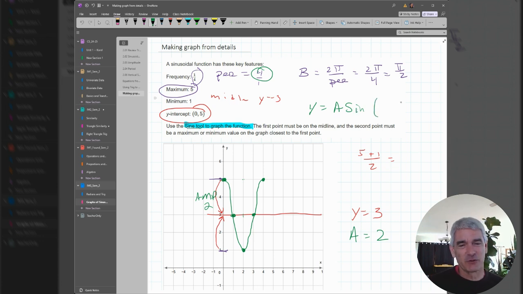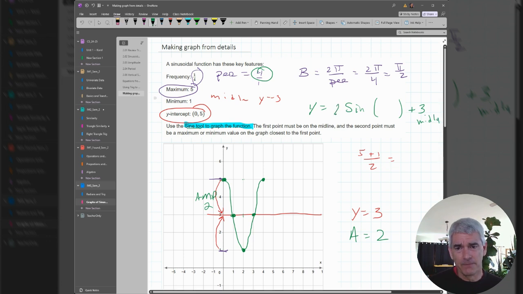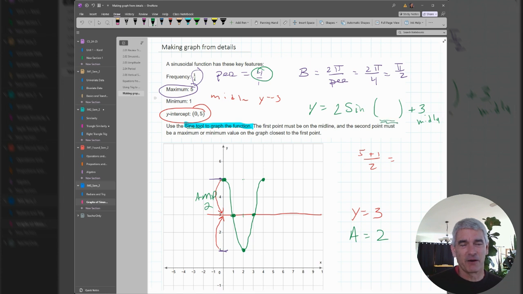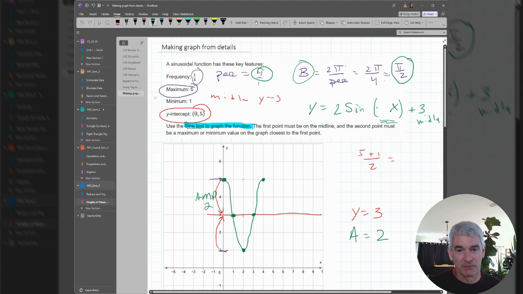So it brings in a little trickiness to it. Plus 3, this is the midline. Amplitude here is 2, and this is the part of the equation that kind of scares some of our students. It's B times x, and B, as I said, I calculate by doing 2 pi over the period. We know the period's 4, so B is pi over 2. I'm just going to plug that in place here, pi over 2.